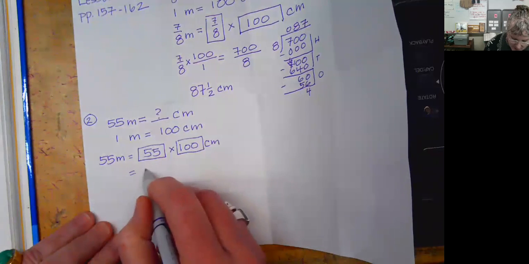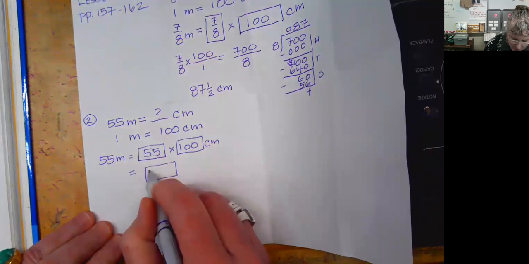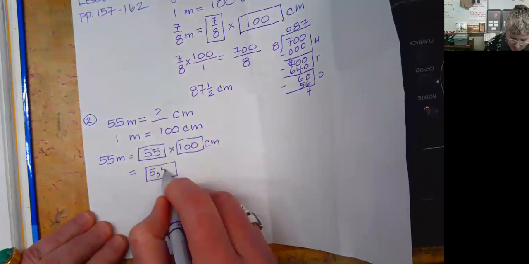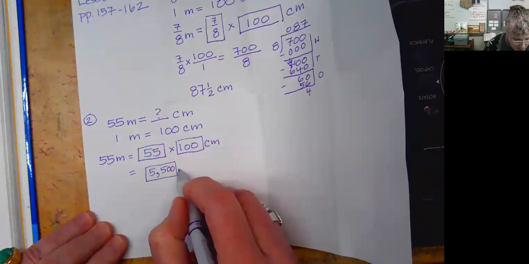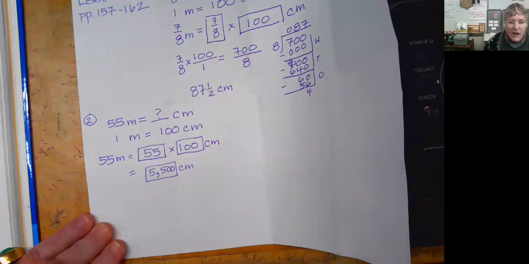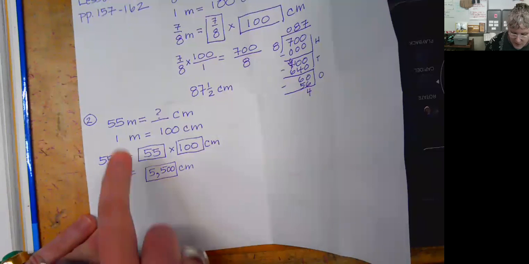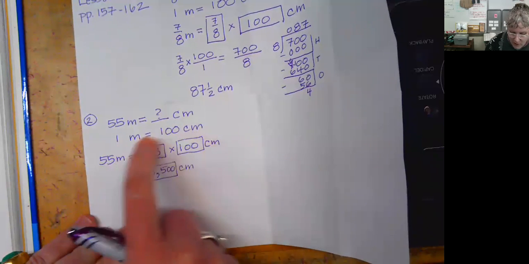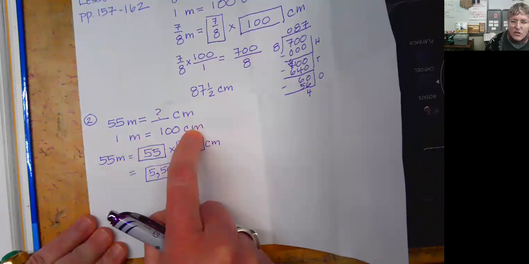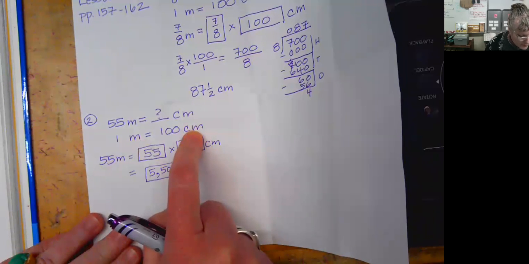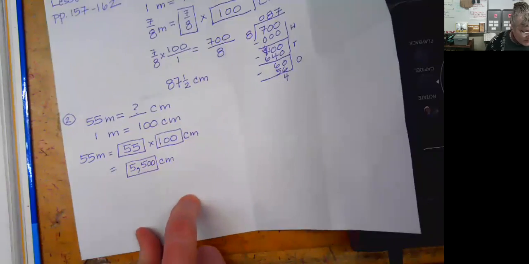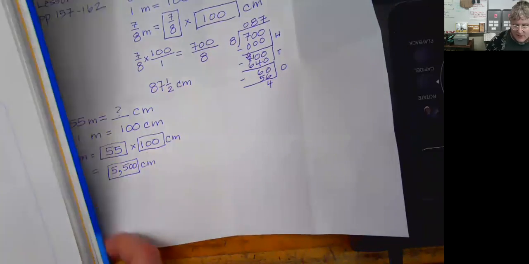And that means I'm going to get 5,500 centimeters. Okay. So we always want to list the conversion in the blue box, always. Okay, now we're going to look at converting kilometers to meters.